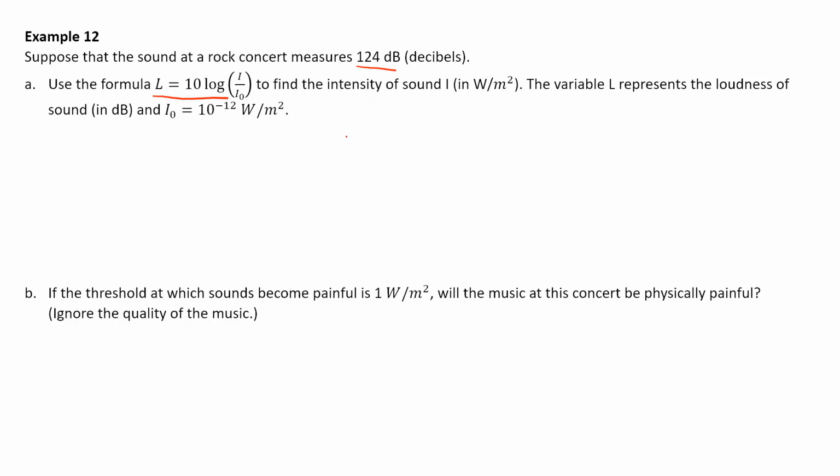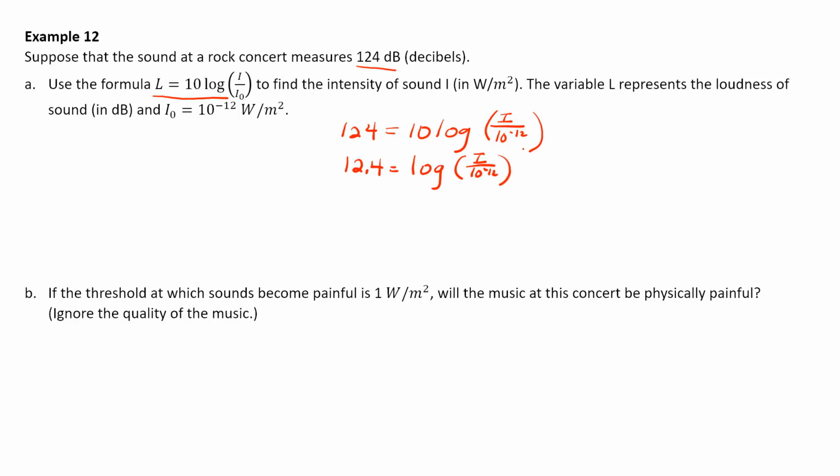So L, 124 decibels, is going to equal 10 log of I, which is what we're looking for, over I sub 0, which is 10 to the negative 12 power. So we can divide both sides by 10, which gives us 12.4 equals log of I over 10 to the negative 12.